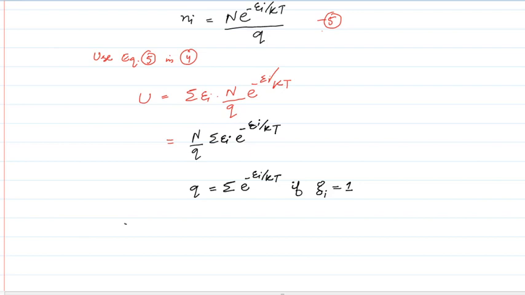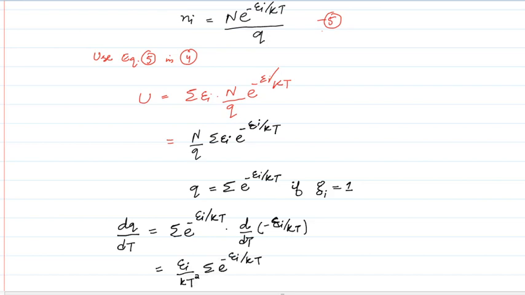So this will be equal to Ei upon kT square into summation of e raised power minus Ei upon kT.